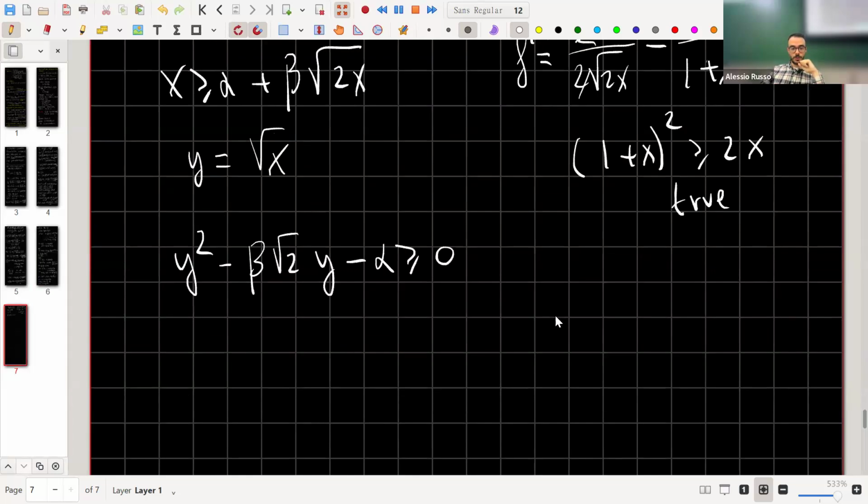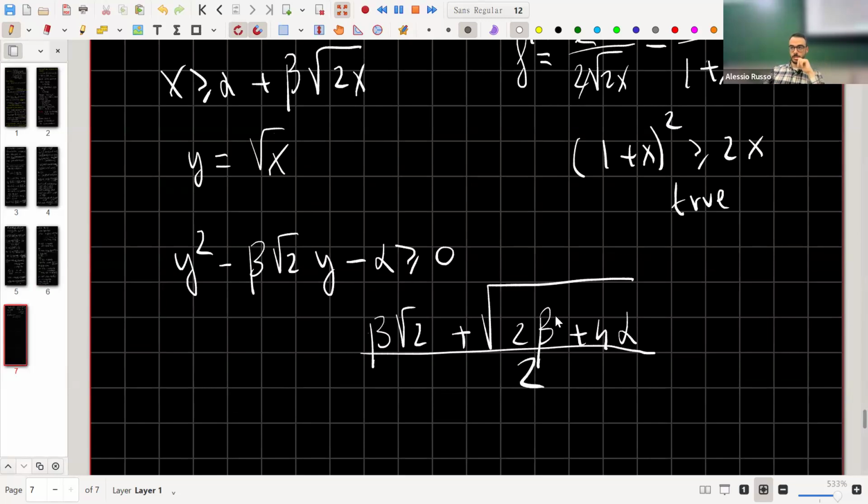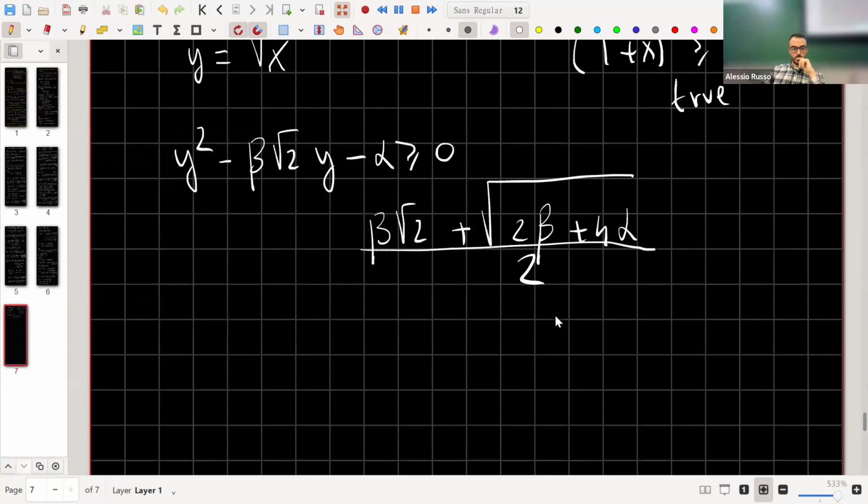A solution is given by beta square root 2 plus square root of 2 beta plus 4 alpha, divided by 2. So this is simply beta divided by square root 2, plus square root of beta plus 2 alpha divided by square root 2.